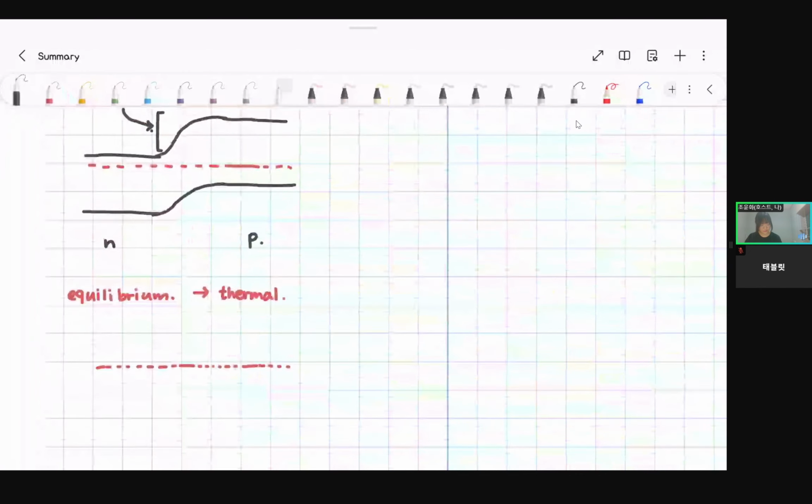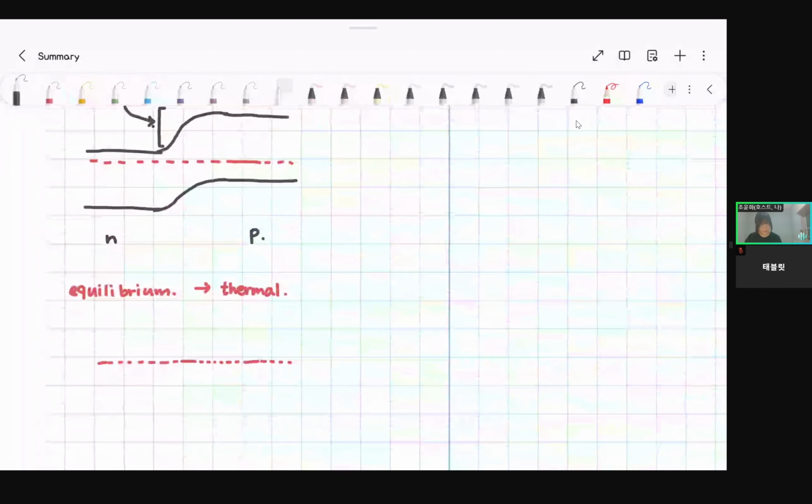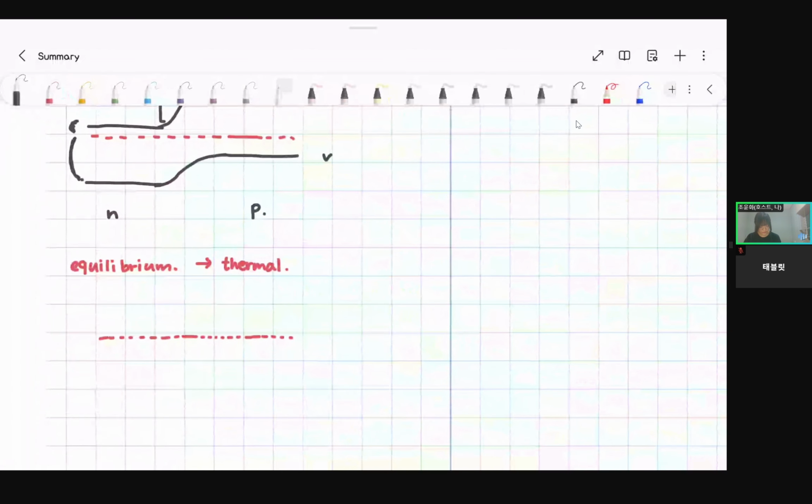and redraw the conduction band and valence band, and be aware that we have to keep the gap between the conduction band and Fermi level and between the Fermi level and valence band. So draw like this.